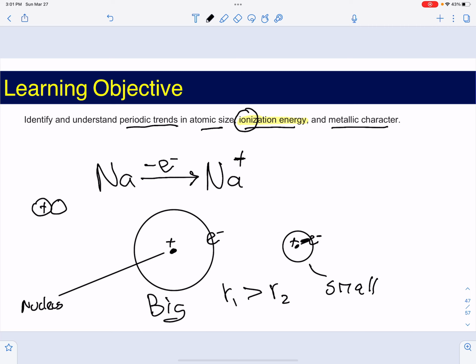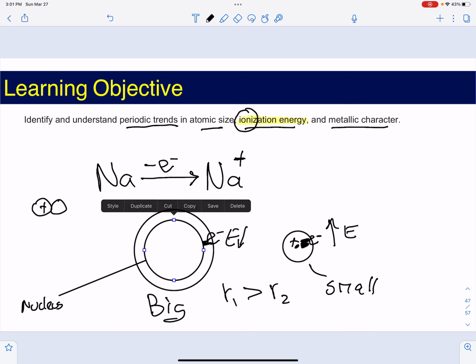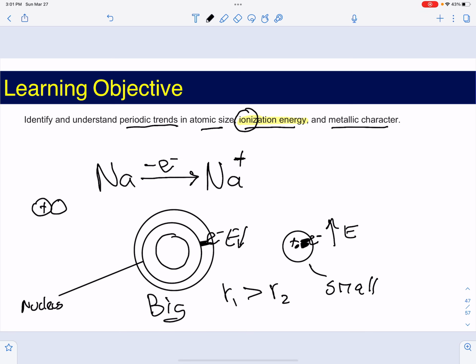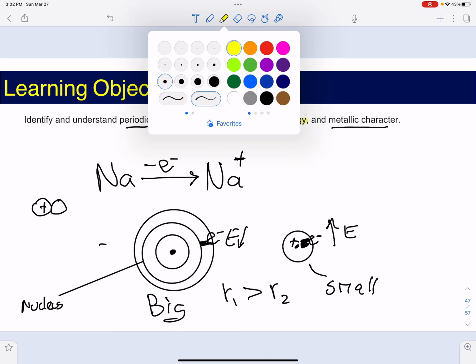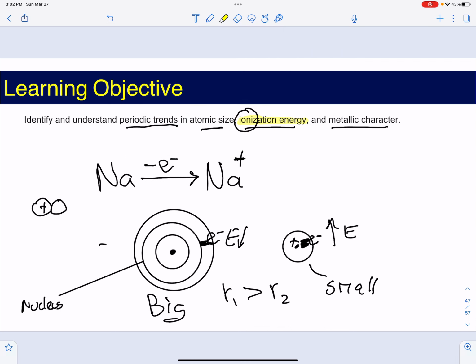So the strength holding this electron together is higher than the strength holding these two together because it's farther away from the nucleus. Remember, it's being shielded by the core electrons. So you have your nucleus, and all of this here is the core electrons that are being shielded by the nucleus.